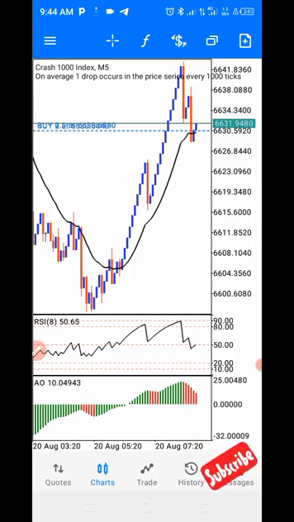Right. So the strategy is a very simple one with 3 indicators that we are going to be using.